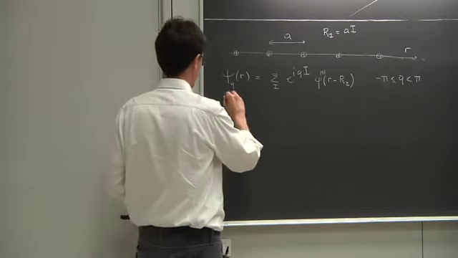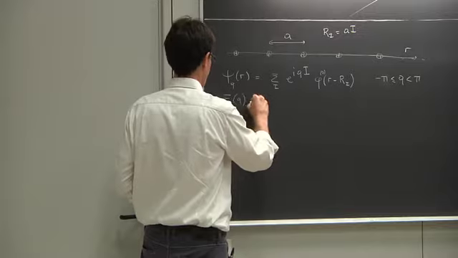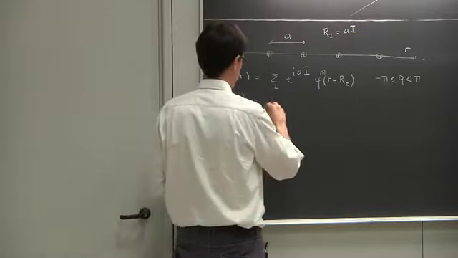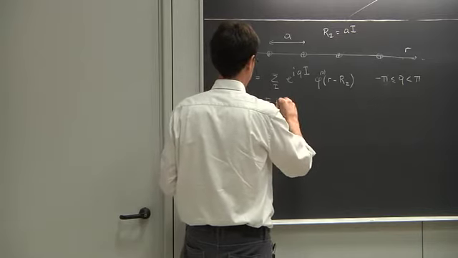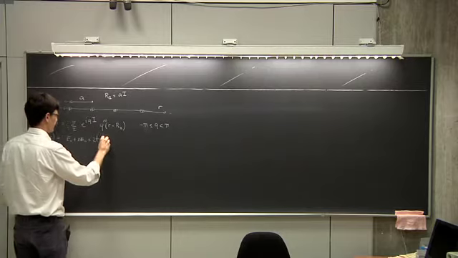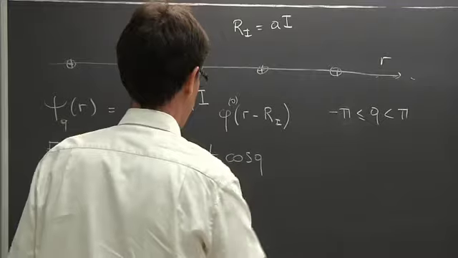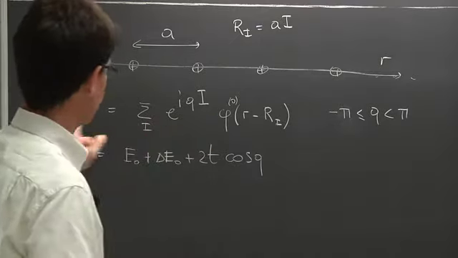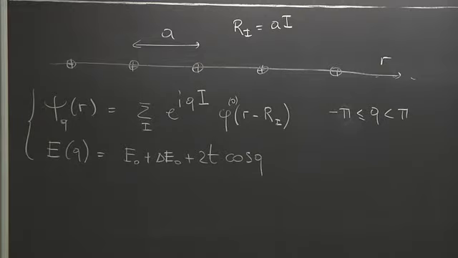And the energy for this eigenfunction as a function of Q is E naught plus delta E naught plus 2t cosine of Q. All right, so that's our main result of last time. I'm just summarizing what we discussed and actually writing explicitly the form of the wave function here, which last time we kept in an implicit form.